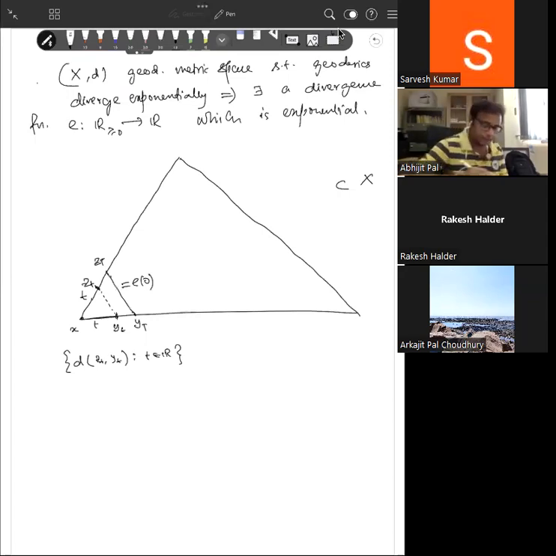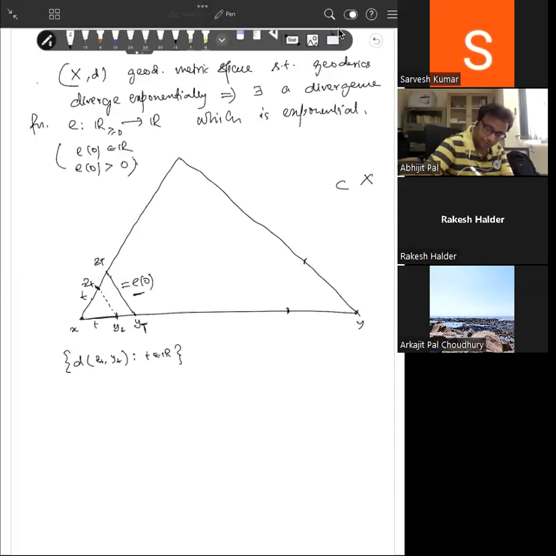Because it is exponential, let us assume E of 0, E naught, is some positive number. So there exists some capital T like this, and for the other sides also the same thing.